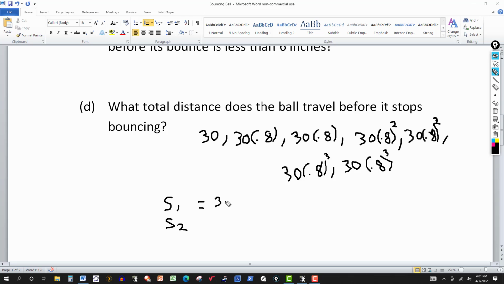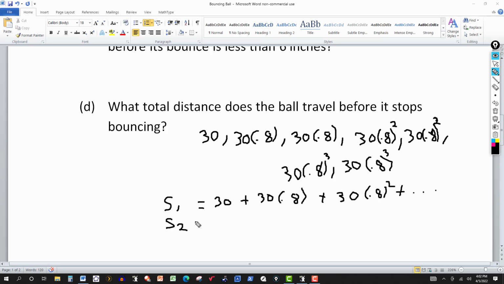So, okay, 30 plus 30 times 0.8 plus 30 times 0.8 to the second, and we're going to call this an infinite series, even though the ball does stop bouncing.